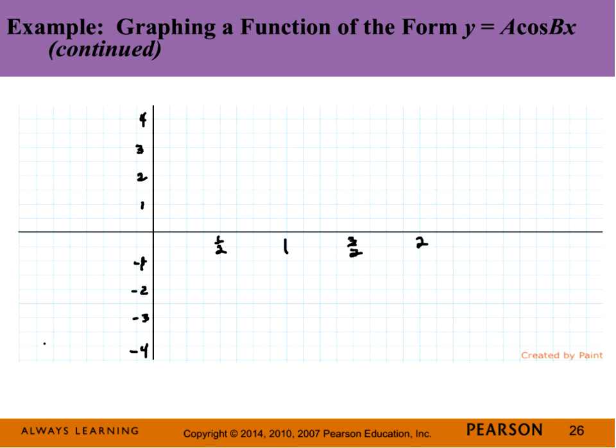All right, we have the point 0, -4, the point 1/2, 0, the point 1, 4, the point 3/2, 0, and the point 2, -4. So, whoa, that was bad. Oh, and I went all the way down.